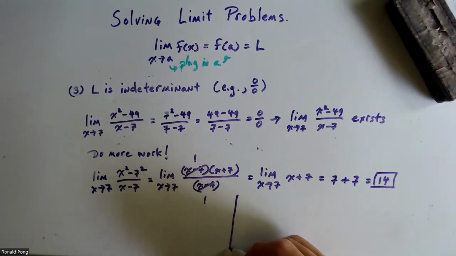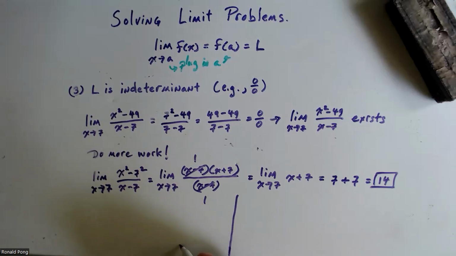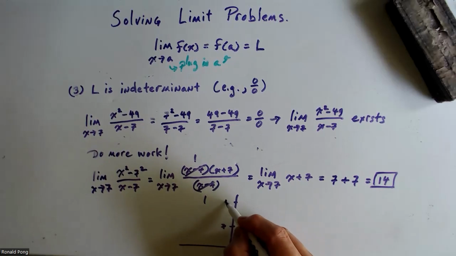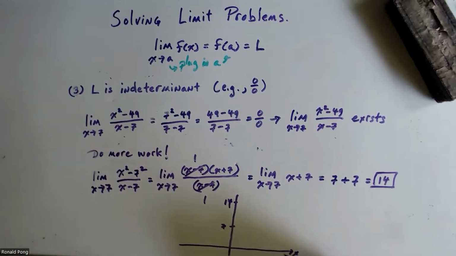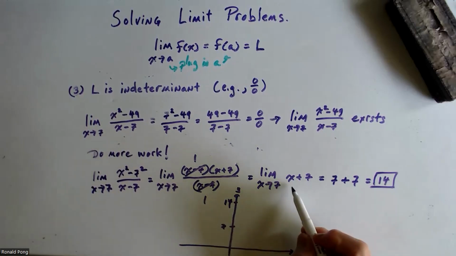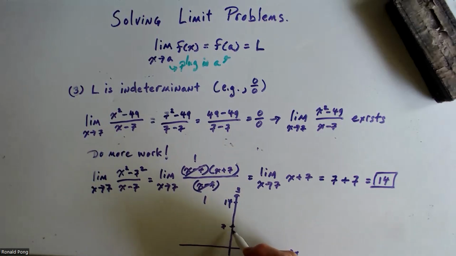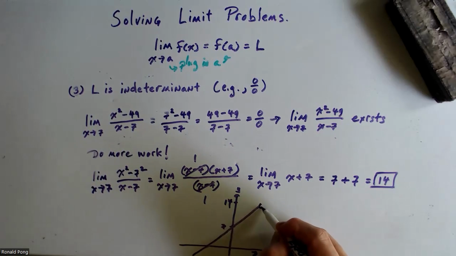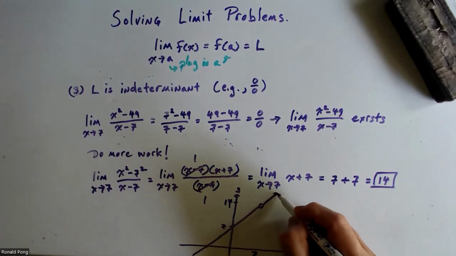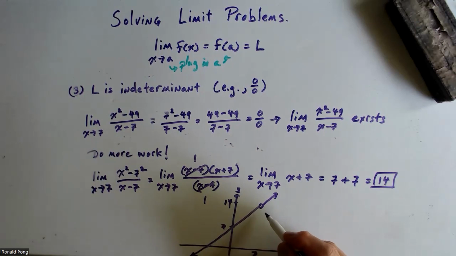If we were to graph this new result, labeling our x, y coordinate system, what we would find is a line with slope 1 and a y-intercept of 7, which will look something like this. But as we come to the value x equals 7, our line will now have a hole.